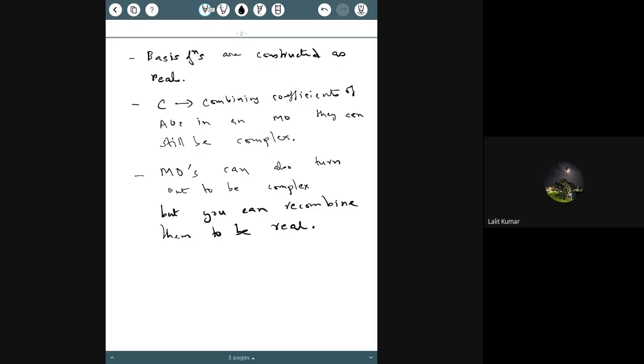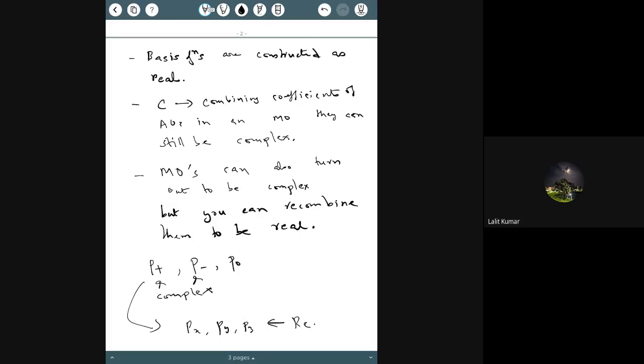I don't know if you have heard of this before, but you can have the p orbitals. When you solve for them, even for atoms, they are complex, and you get something that is p plus, p minus, and p0, even in the hydrogen atom solution. And these are complex. But then you combine them to give you px, py, and pz, and they are real.